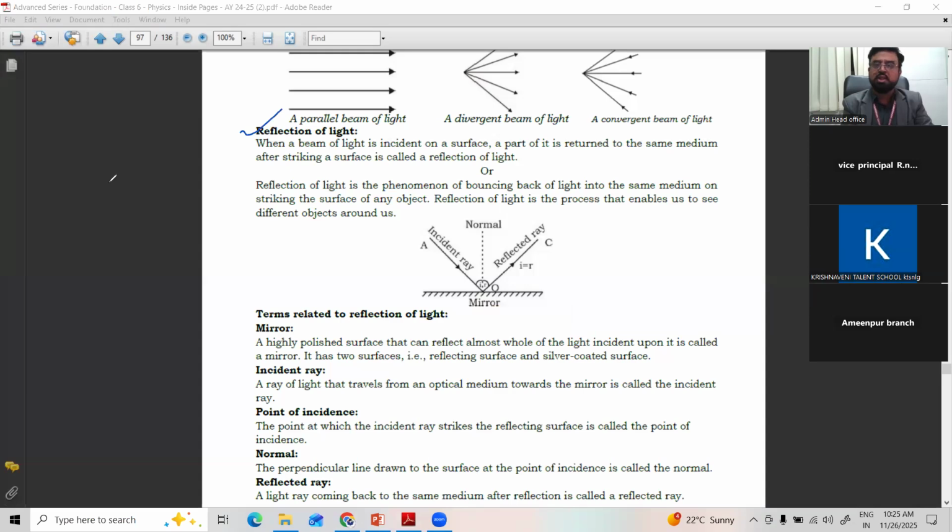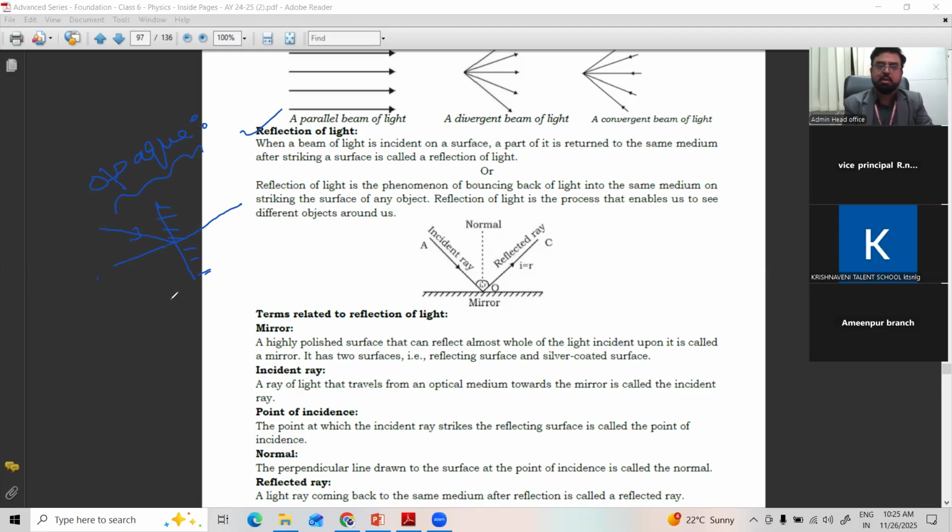So this takes place only in the case of opaque bodies. Opaque bodies only undergo reflection. Whenever light is falling on an opaque body, suppose a mirror or a stone or anything, say this is a normal line we drew, and light falls at some angle.